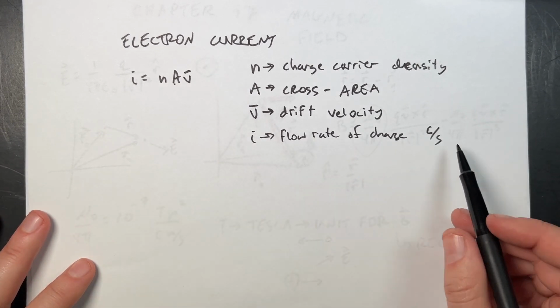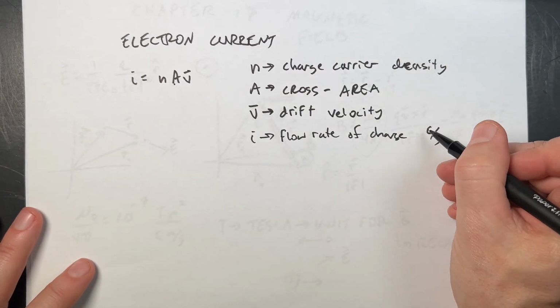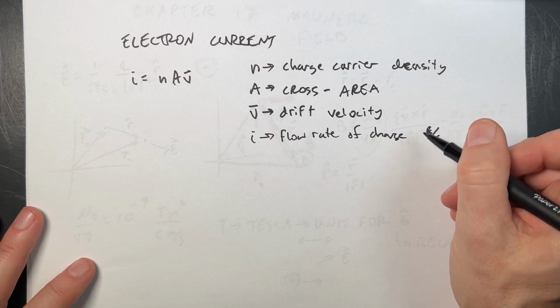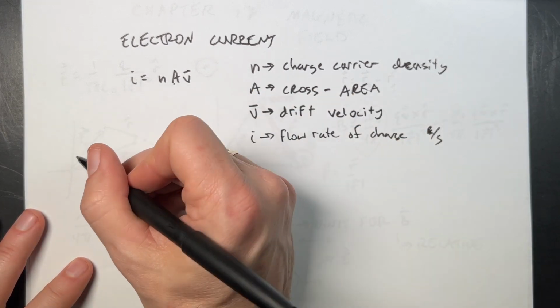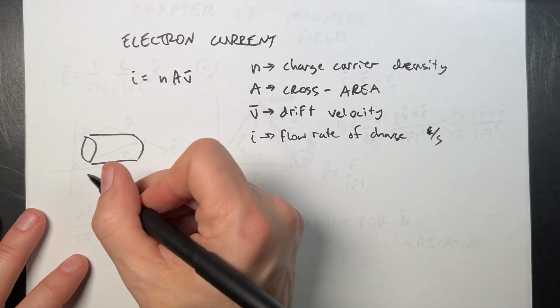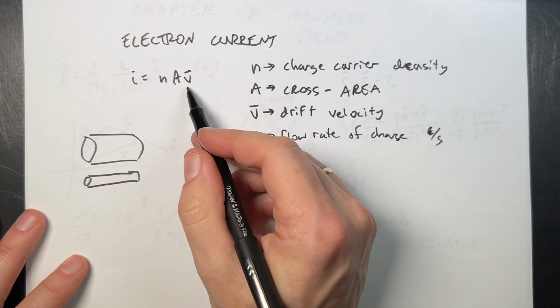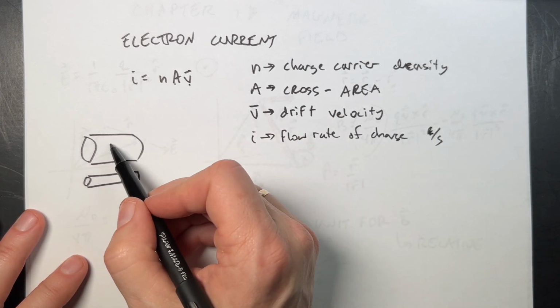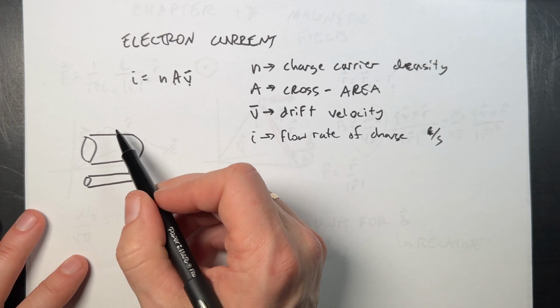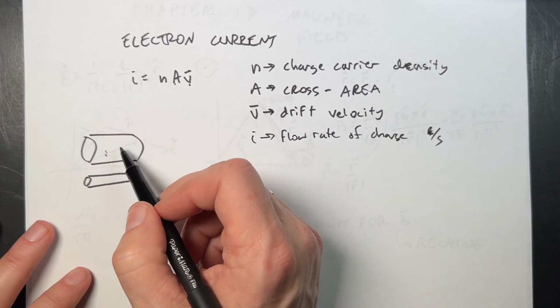So these are the units for the electron current. This is the number of electrons, electrons per second. And so you can see here that if I have a thick wire and a thin wire, then they can have the same drift velocity, so the electrons are moving the same speed in both of these. But since this one's larger, there's going to be more of those charges moving per second.